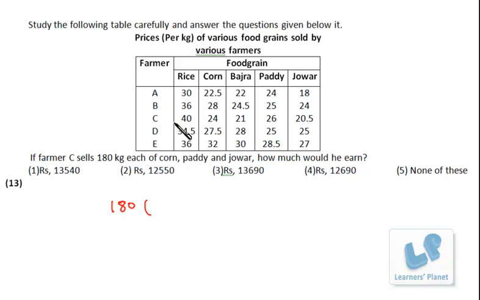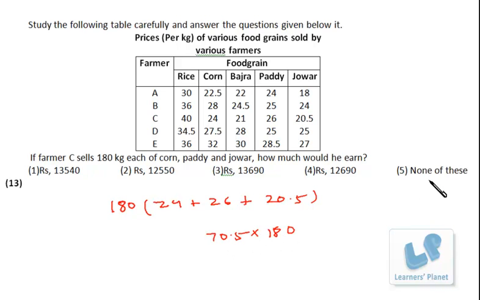So for farmer C, corn is 24, paddy is 26 and jowar is 20.5, right? So 26 plus 24 is 50. 50 plus 20.5 is 70.5 into 180.